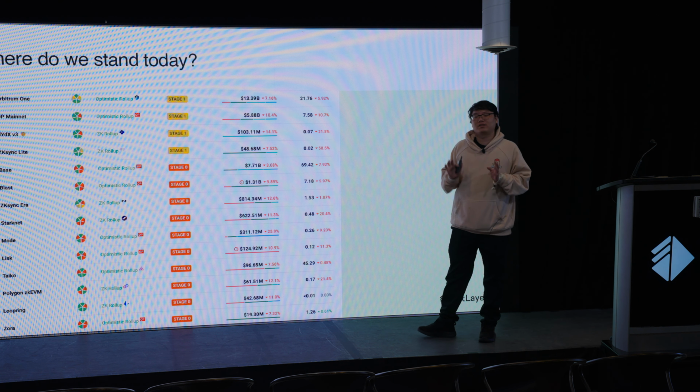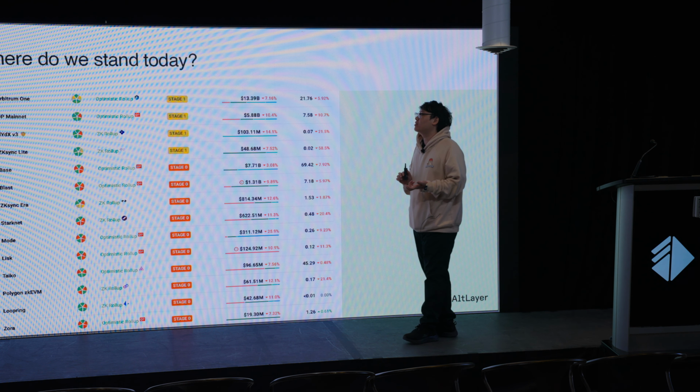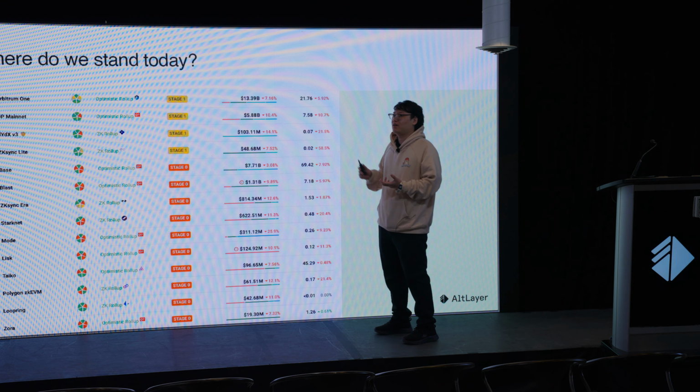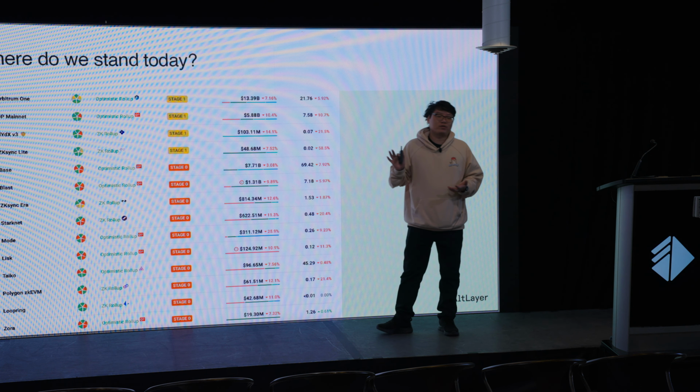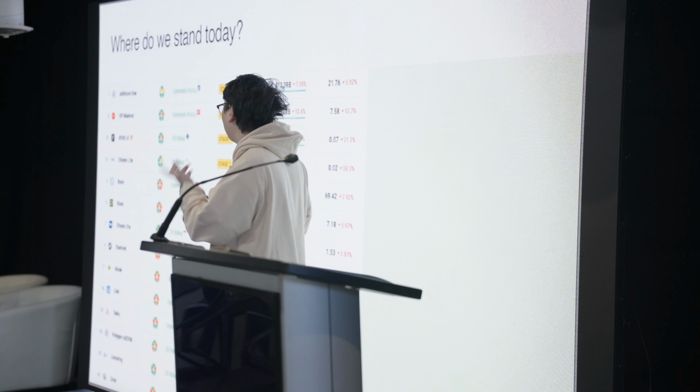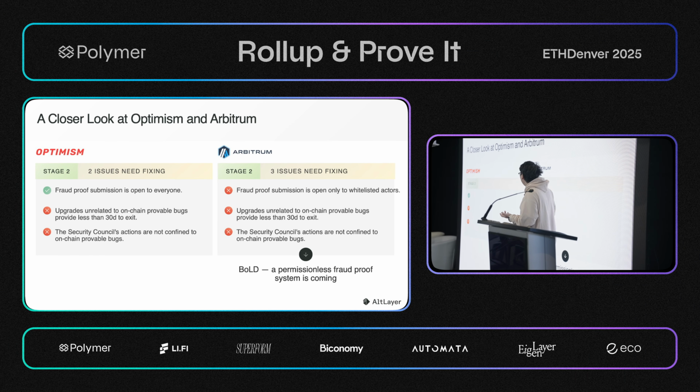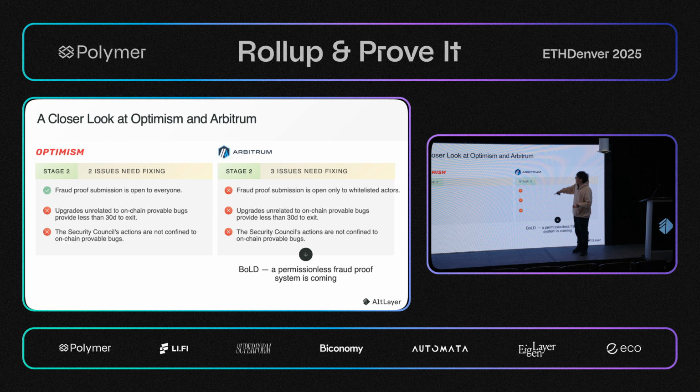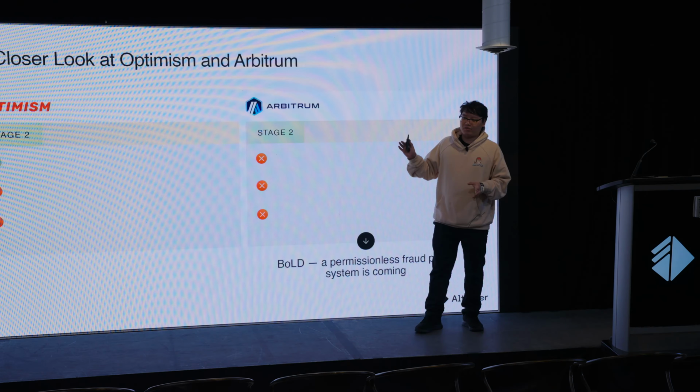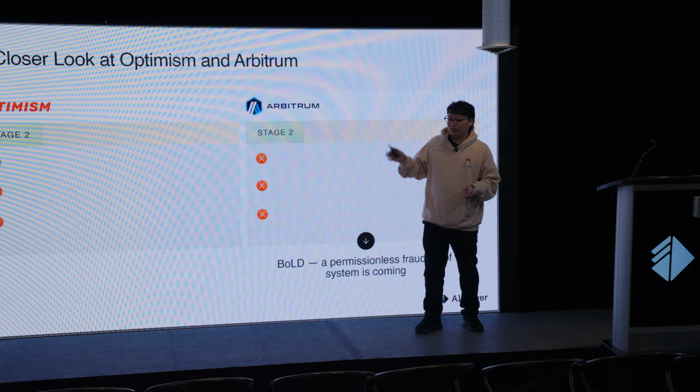But all the stage 2 protocols are application rollups, not general purpose rollups. For general purpose rollups, right now we only have OP and Arbitrum in stage 1. Somehow it doesn't show the content, but the point is that we have Arbitrum and OP in stage 1.